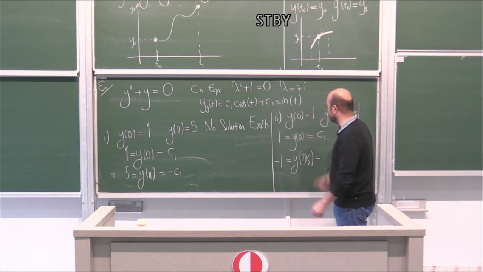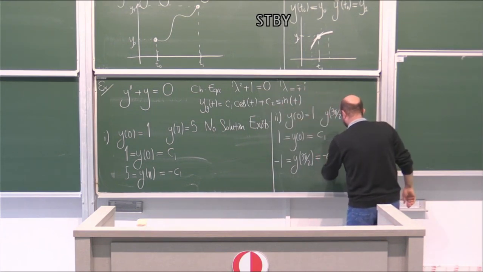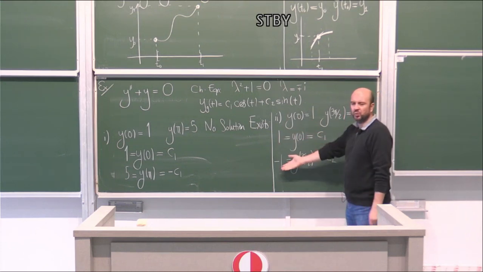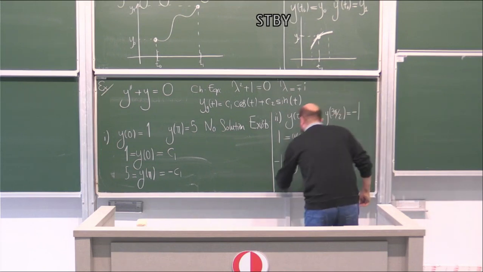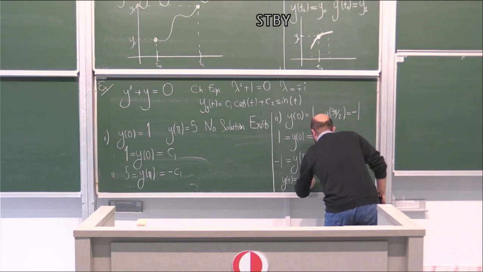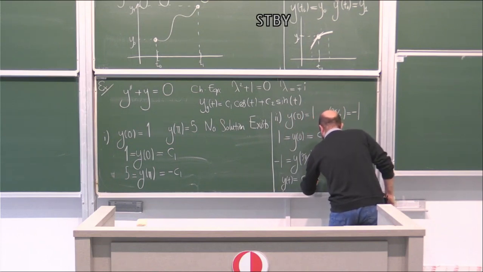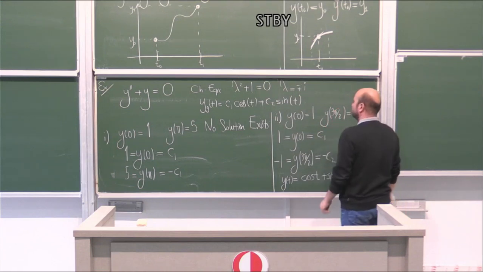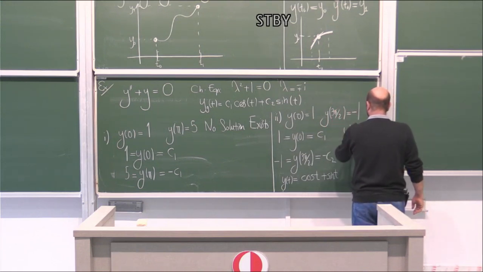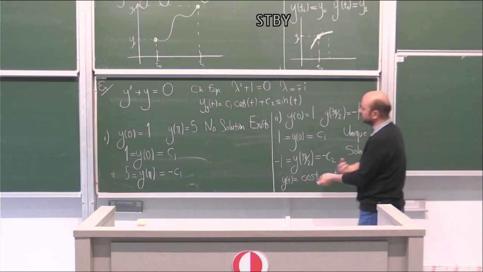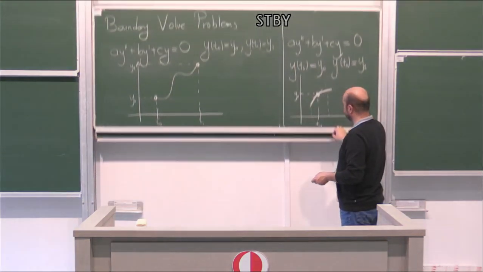So we get minus C2. So this says that C1 has to be 1, C2 has to be 1. And so we get the following solution: y of t is equal to cosine t plus sine t. So what did we get? We get a unique solution.